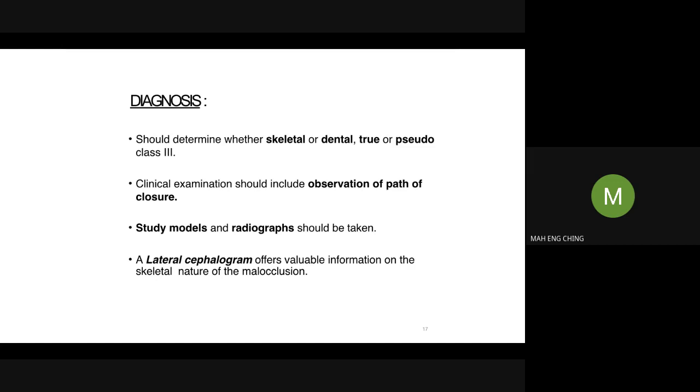Lateral ceph means you take the skull X-ray from the side, and this will show you the skeletal severity, whether they are mild, moderate, or severe Class 3. The lateral ceph not only measures the upper jaw, but the lower jaw length and the incisor angle as well, so you know whether the patient has dentoalveolar compensation.